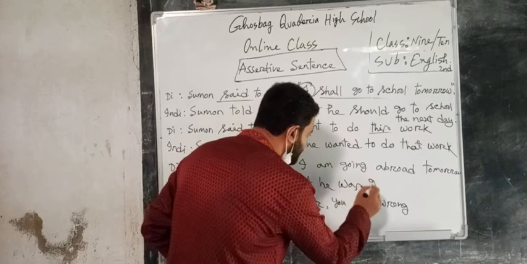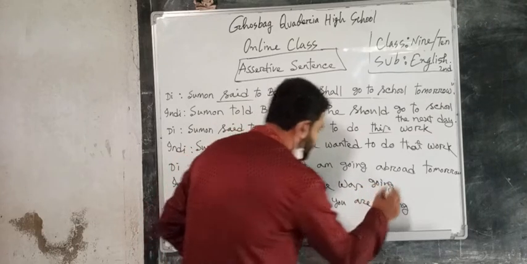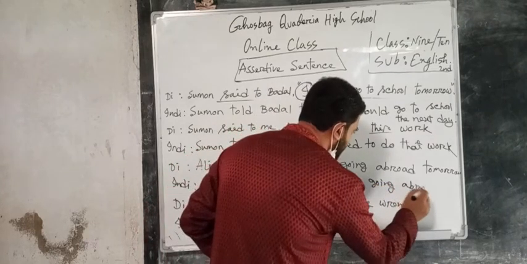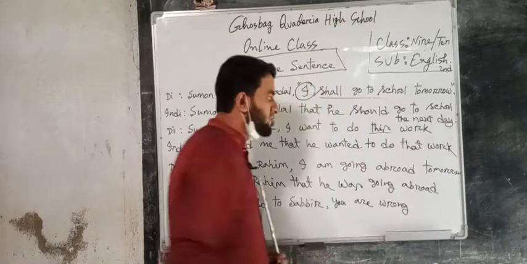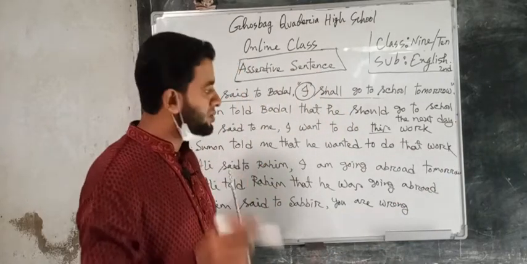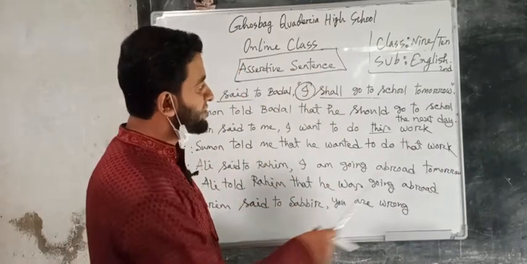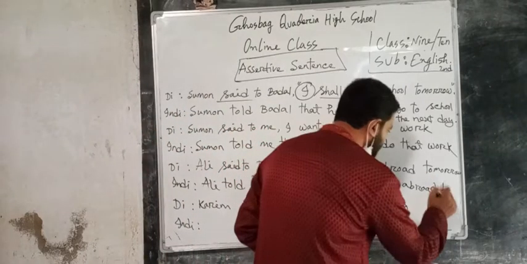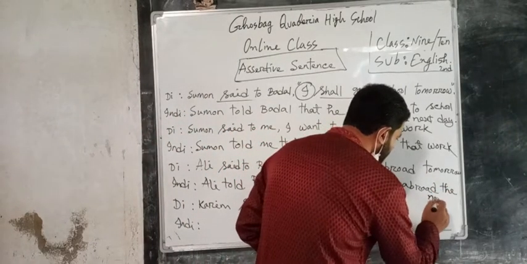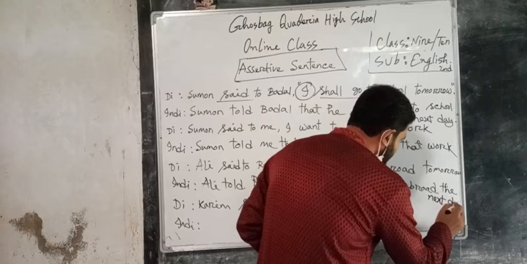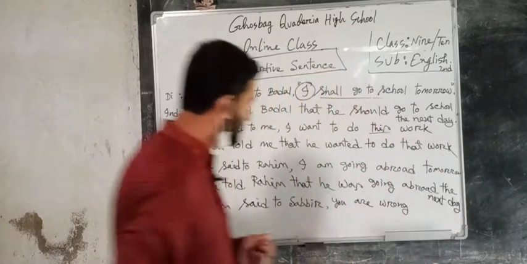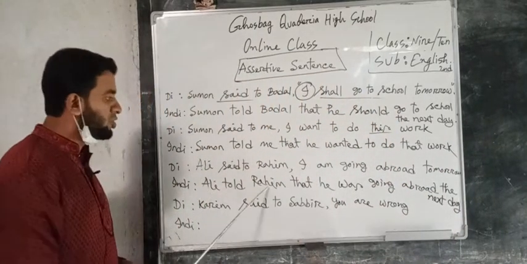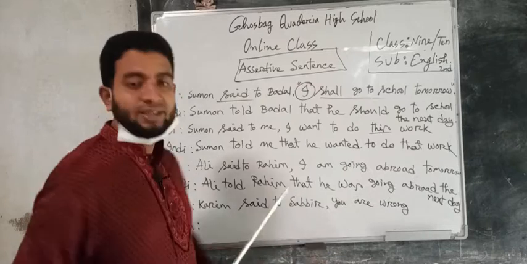He was going abroad tomorrow. This is also a definite word. We have to use, instead of tomorrow, the next day. We know that. So this is completed. So I hope you understand. Ali told Rahim that he was going abroad the next day.